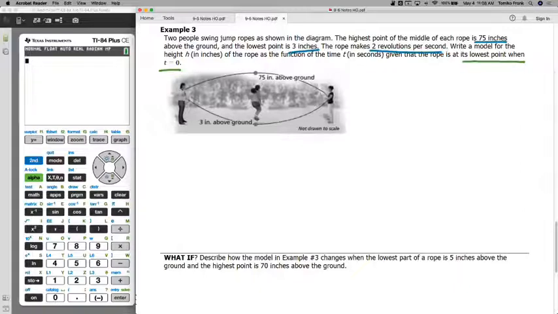If you go back to the core concept in the note packet right before example 2, there are 4 graphs at the bottom: positive cosine, positive sine, negative sine, and negative cosine. We are told in that last sentence that the rope is at its lowest point when time is equal to 0.